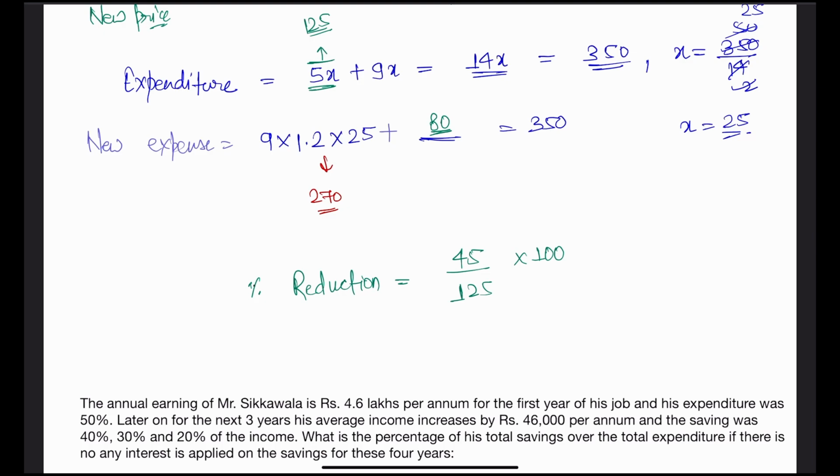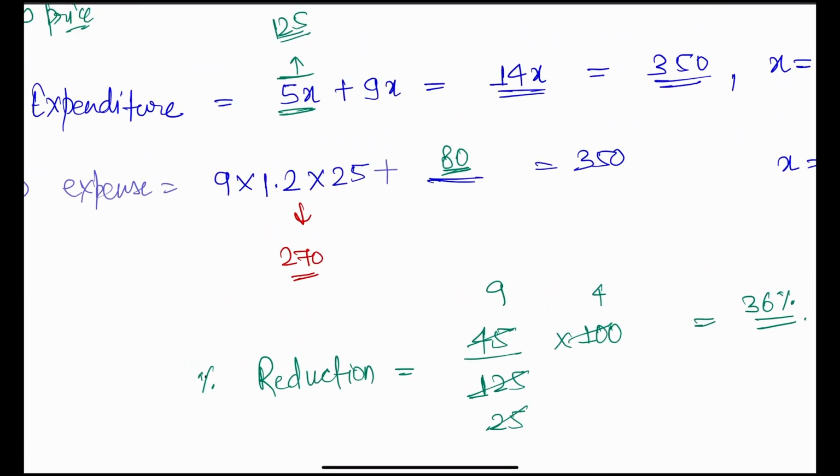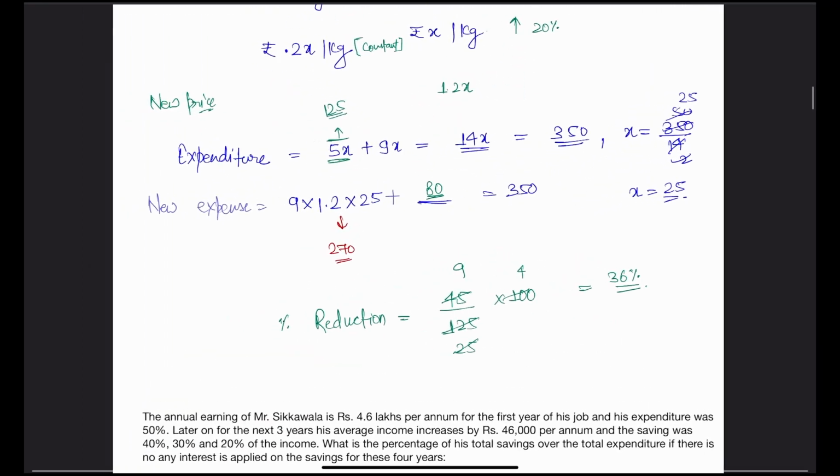So if I just divide, this is 9, this is 5, I divided by 5, so 25. So it will be nothing but 36%.